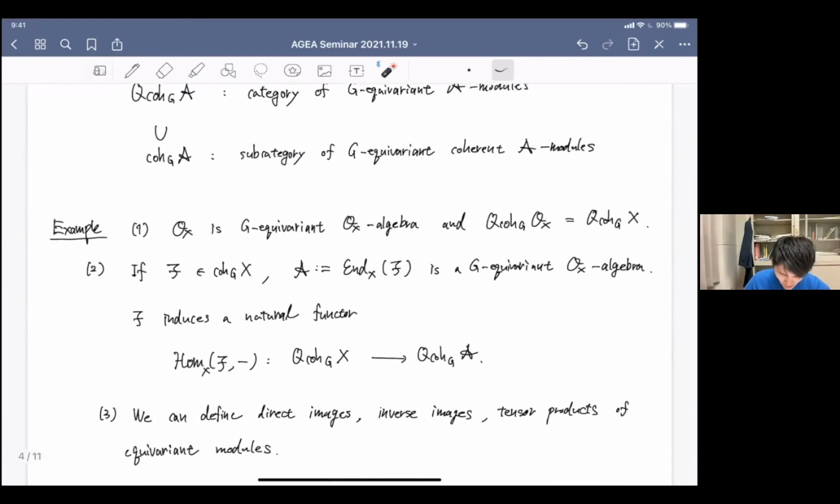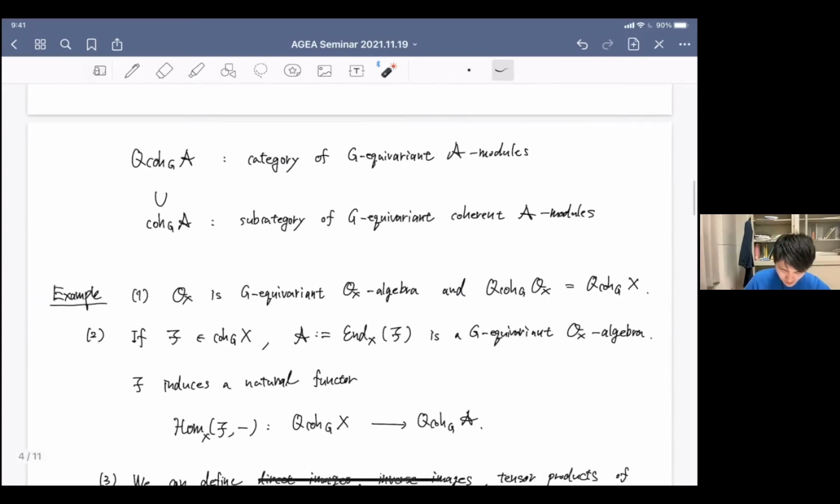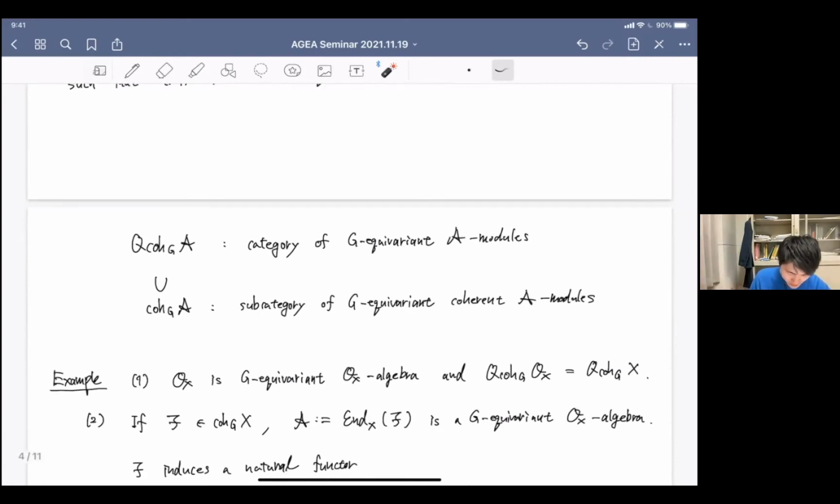So I will show some examples of equivariant algebras and equivariant modules. The first example is a trivial one.